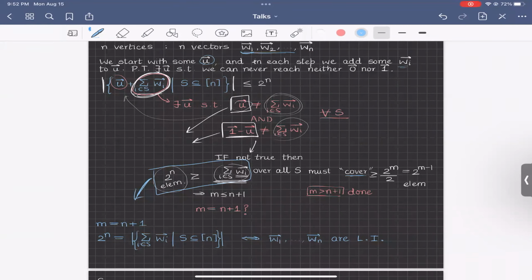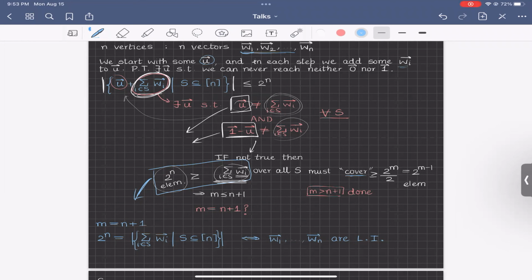The question is, are they linearly independent? I guess no, because we can just get a combination of W1, W2, and Wn such that they are equal to 0. What combination? Because if it isn't equal to 0, then we can change the lambda to 0 and get that it is equal to 0. I don't understand.